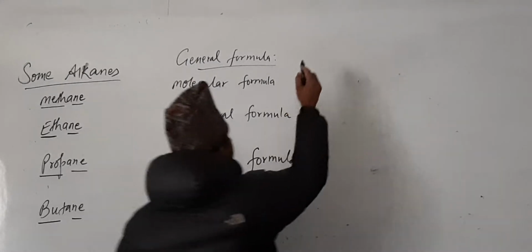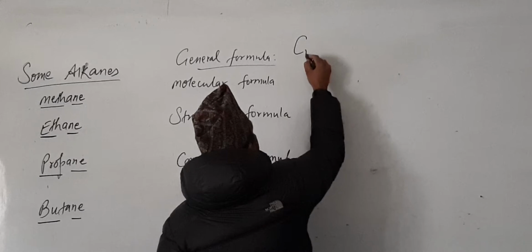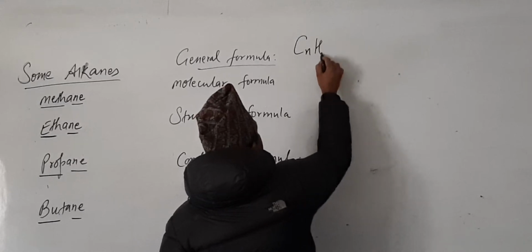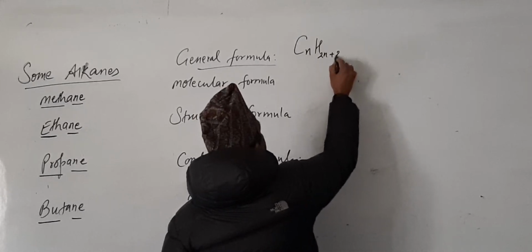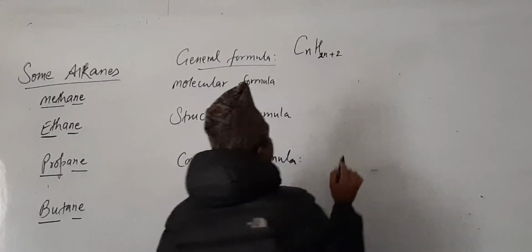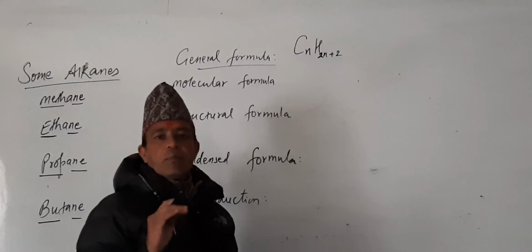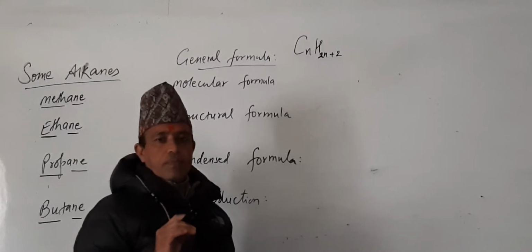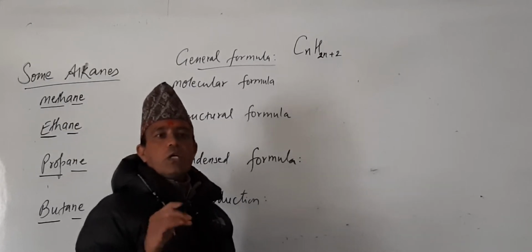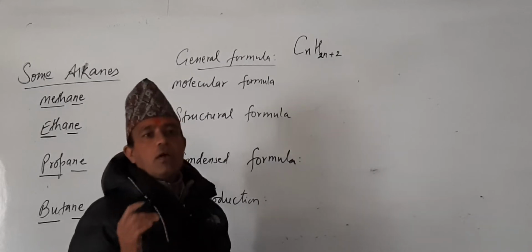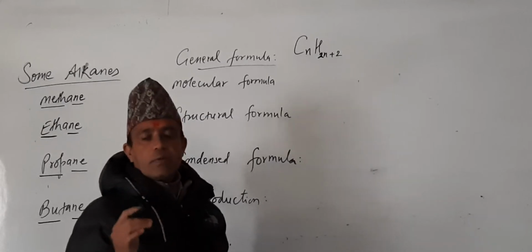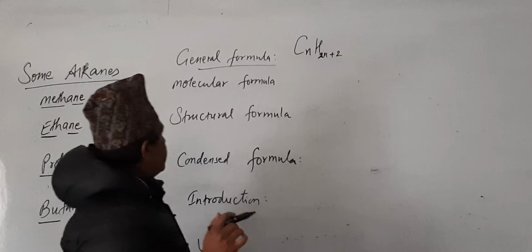The general formula of alkane is CnH2n+2. When we compare the number of carbon and hydrogen, if the number of hydrogens is 2 more than double the number of carbons, then it is alkane.